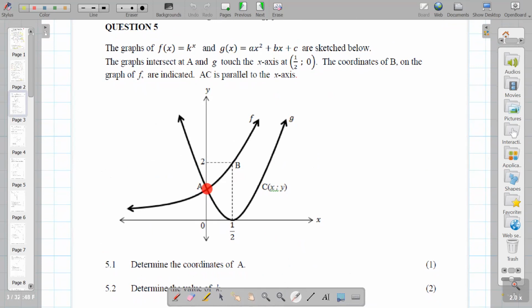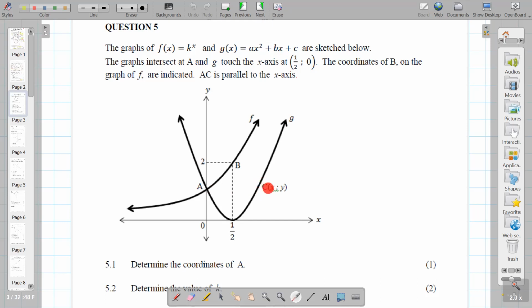And they have the same y-intercept, and we have another point, it's half. That's actually the turning point. All right, the lines parallel are indicated. AC parallel to, where is AC? Okay, AC is parallel to the x-axis.